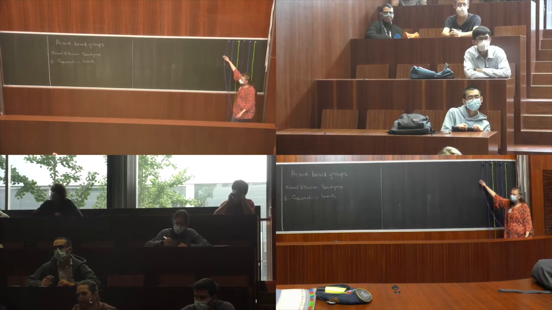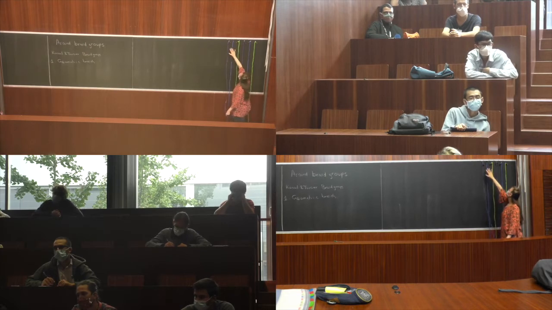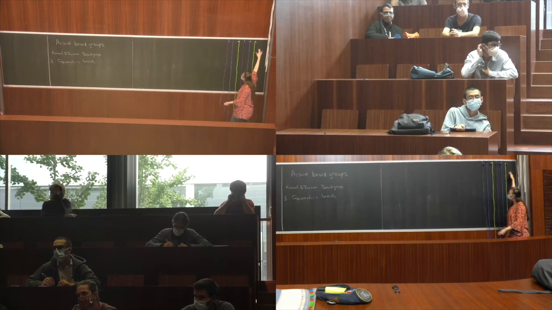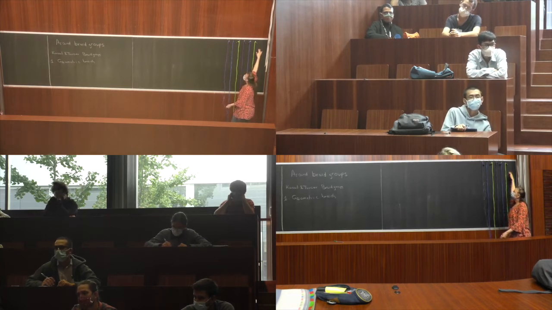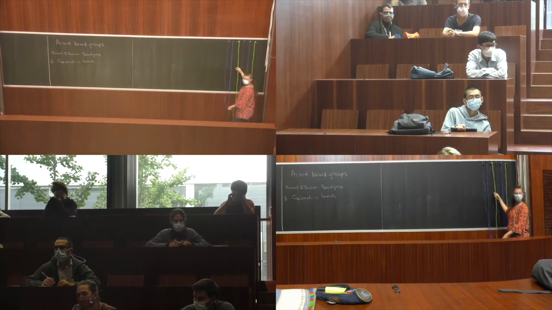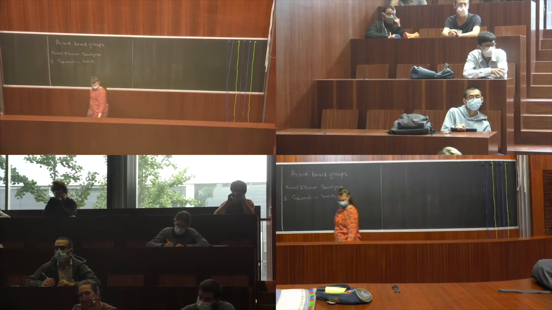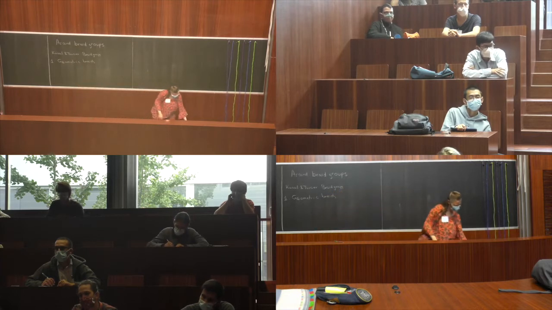So to describe geometric braids, we'll get in 3D somehow. We'll get a certain number of these intervals, 0, 1, and we'll explain how they move in 3D. So let's start.